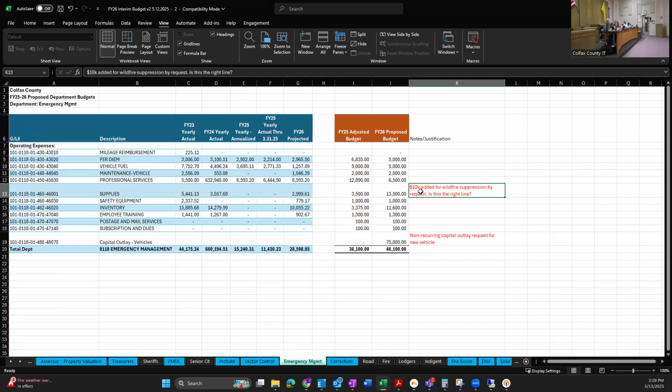Speaking with Tom, a lot of the expenses that Tom incurs have to be reimbursed, and he's usually waiting 60 days, because he has to come to the county first, get it approved, go to the state, get it approved, go to FEMA, get it approved, and it comes back to the county for final approval.